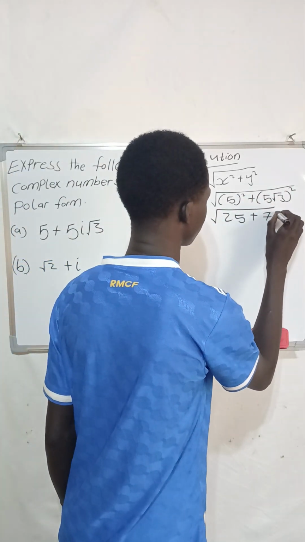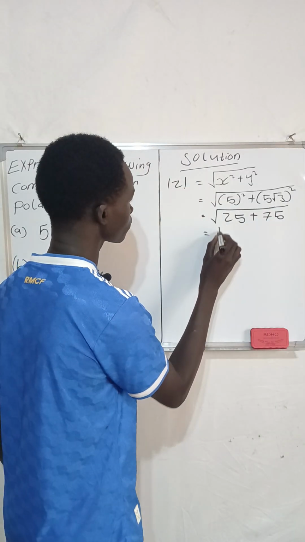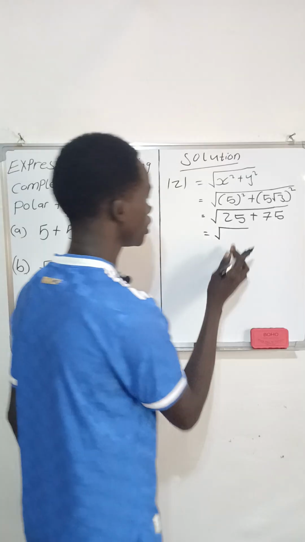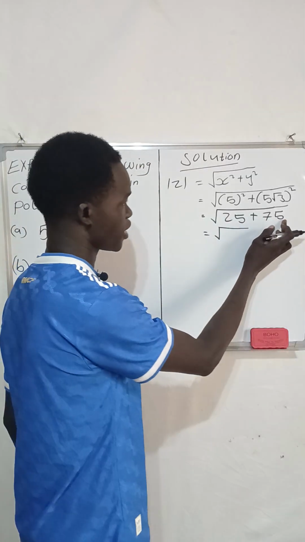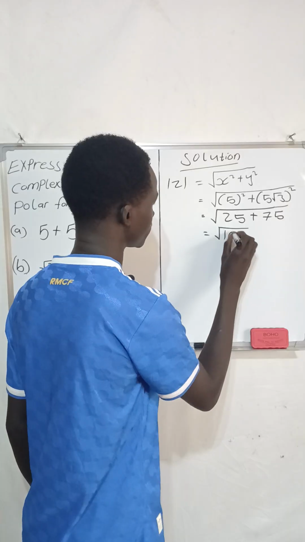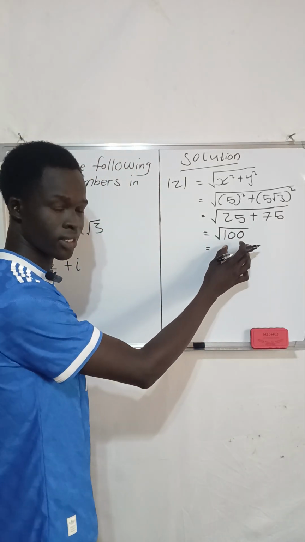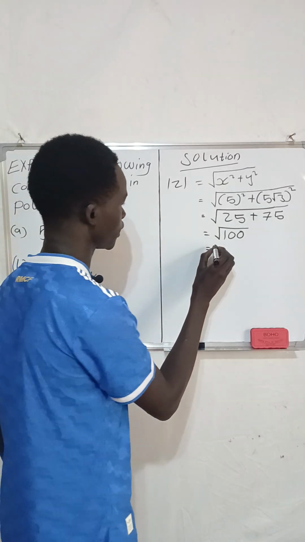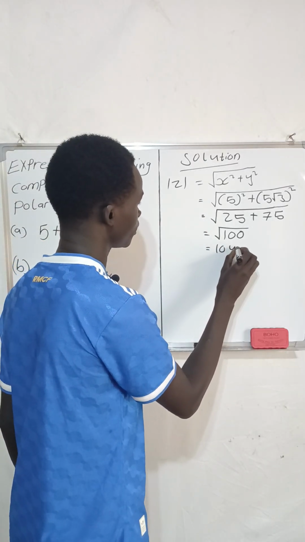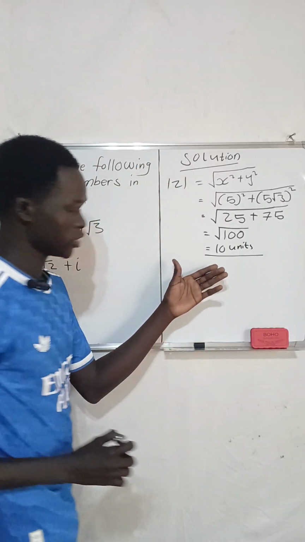Now 25 plus 75, I think we have 100, right? And how about the root of 100? I think we have 10. It is going to be 10 units. This is our modulus.